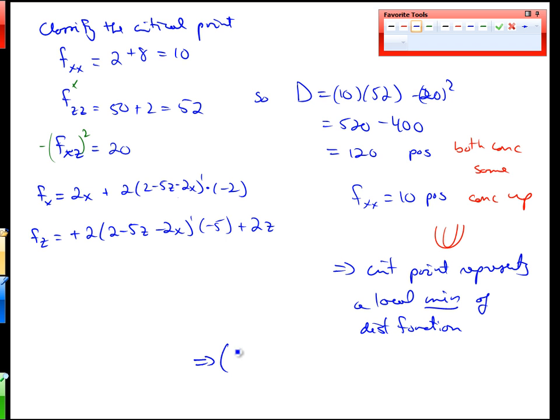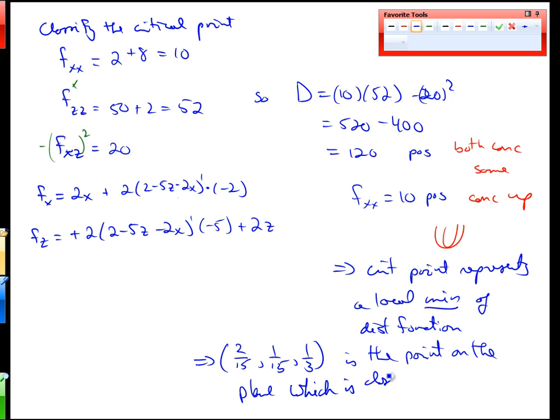Which tells us, at the end of the day, our points were 2/15, 1/15, and 1/3 is the point on the plane that we were given. I won't write it out again, but the plane which is closest to the origin. And there we go.